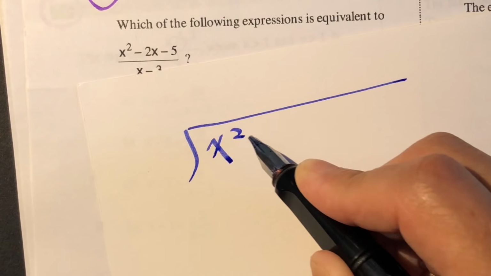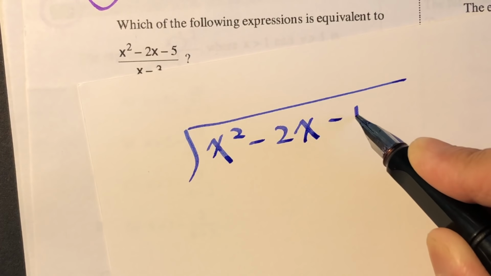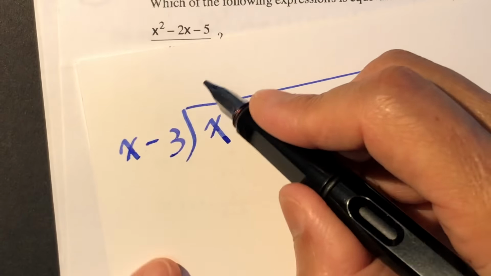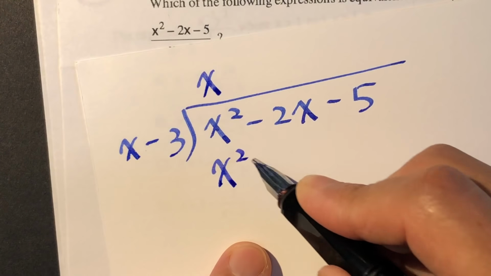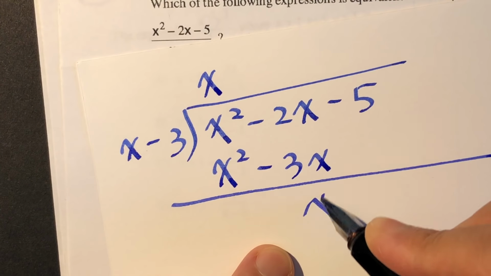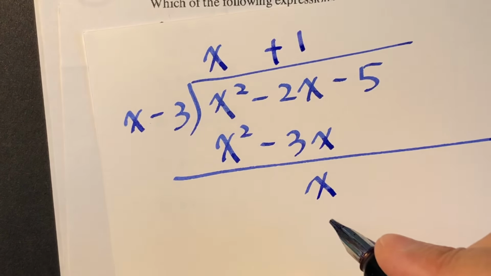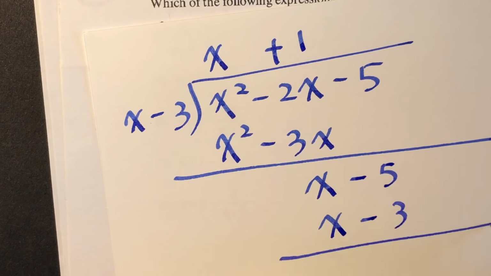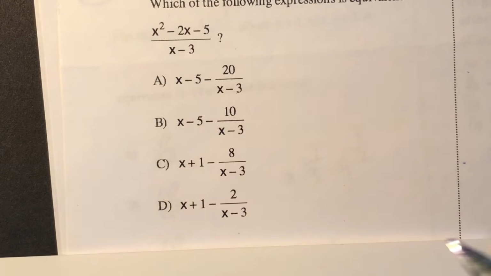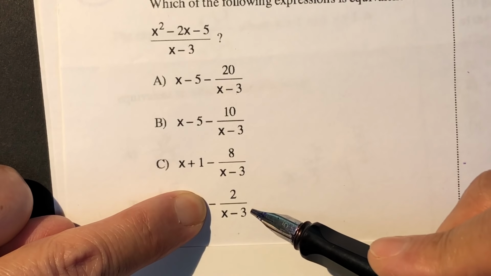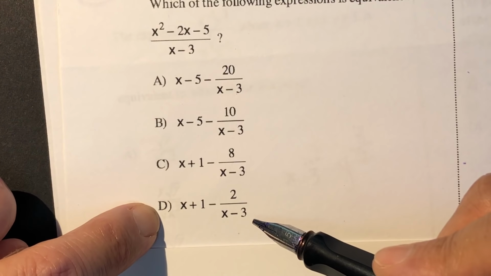So x squared minus 3x, it's a positive x plus 1, x minus 5, minus 3, minus 2. So the remainder is negative 2. Only this one matches. So D is the answer.